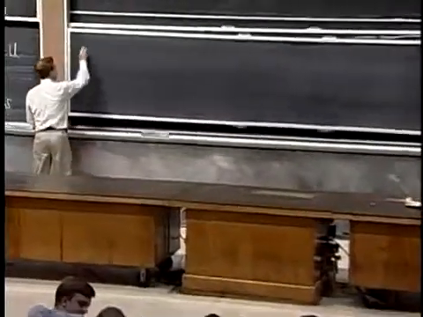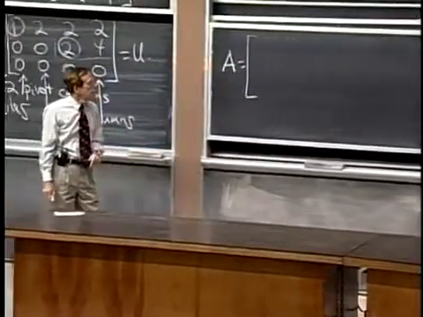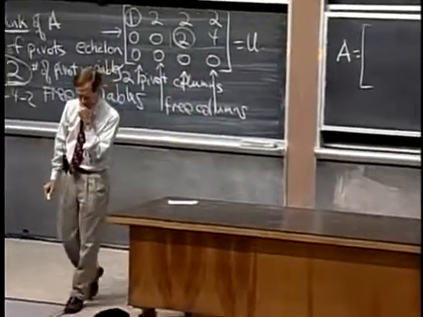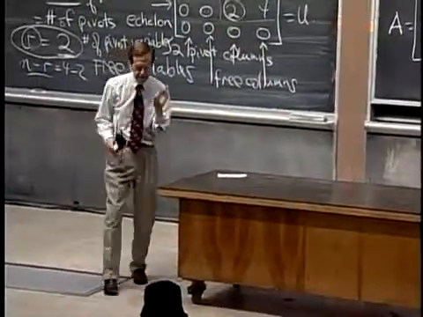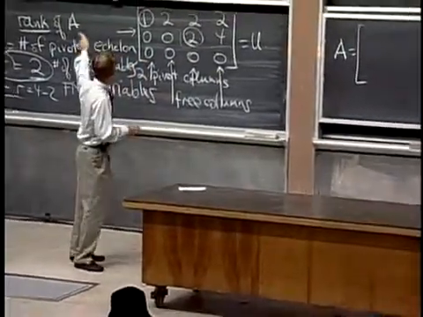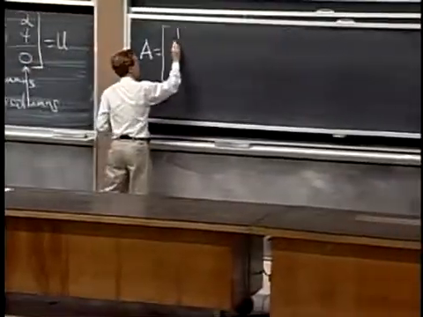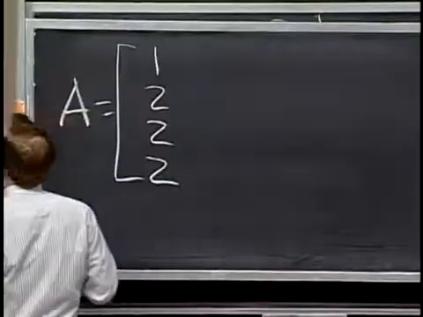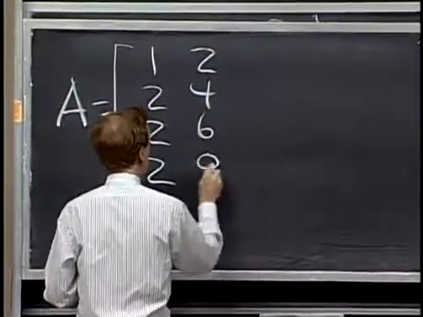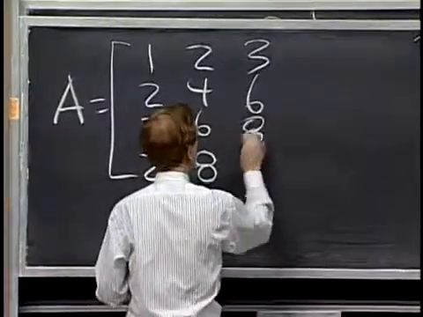So I'll call the matrix A again, but let me make it, how big shall we make it this time? Why don't I do this? Just for the heck of it, let me take the transpose of this A and see what happens to that. 2, 4, 6, 8. And 3, 6, 8, 10.